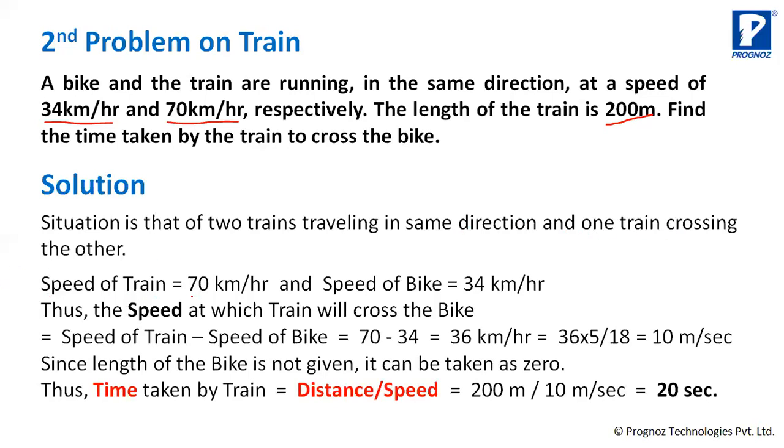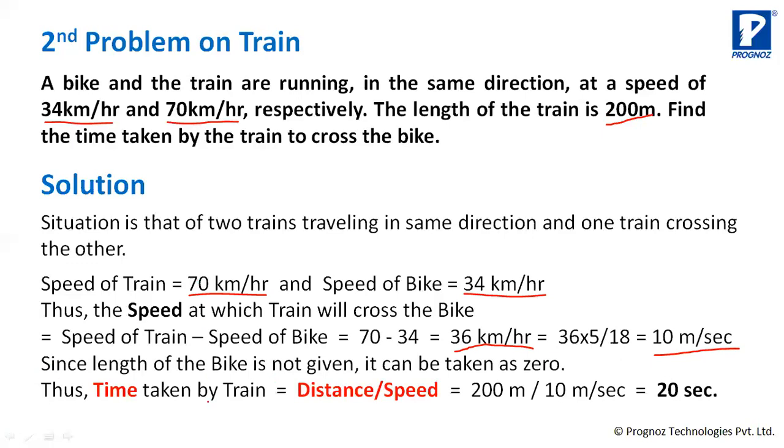Speed of the train is 70 km per hour, as given, and speed of the bike is 34 kilometers per hour. Thus, the speed at which the train will cross the bike will be speed of train minus speed of bike, as we have seen in the earlier situation, which will be equal to 36 km per hour. And if you convert 36 km per hour to meters per second, it becomes 10 meters per second. Why meters? Because the length of the train is in meters.